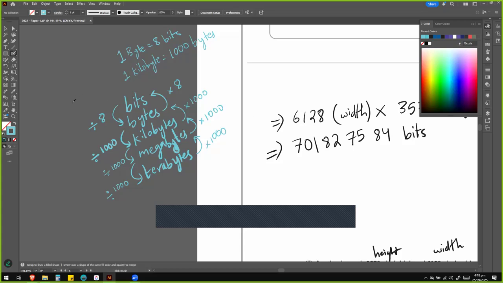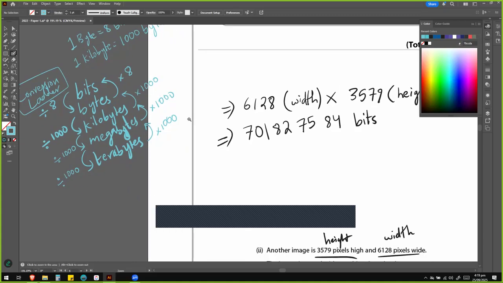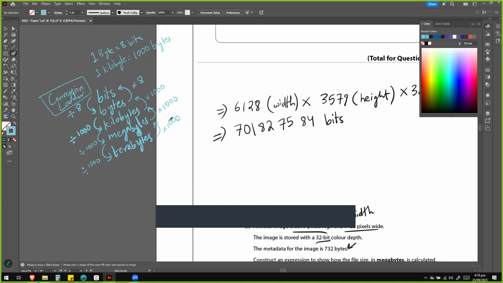So this is our conversion ladder. I call this the conversion ladder. This helps us to do our conversions. So we built our conversion ladder here, and this should help us in doing all of our conversions in this question. Okay, so now that that's in front of us, go back to our black pen.